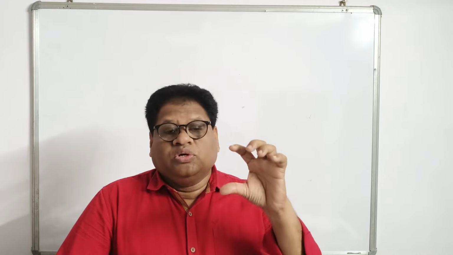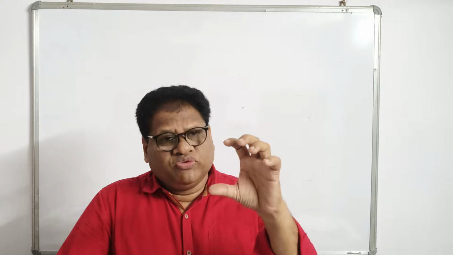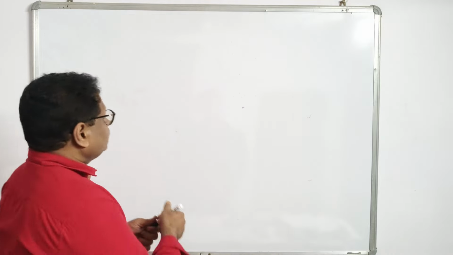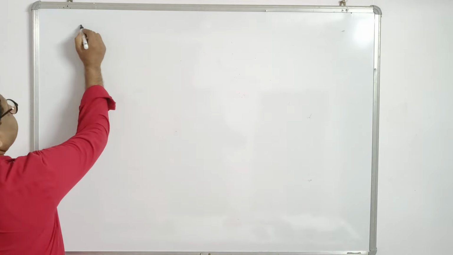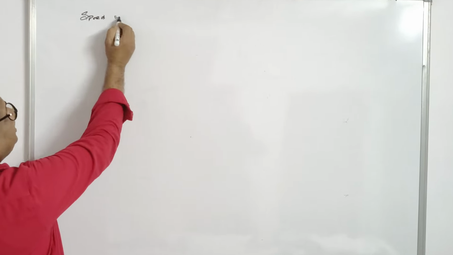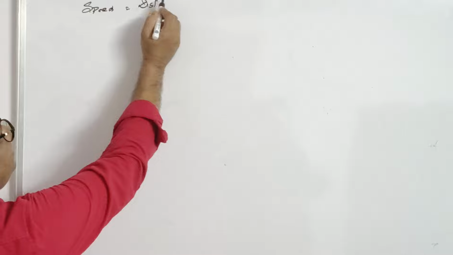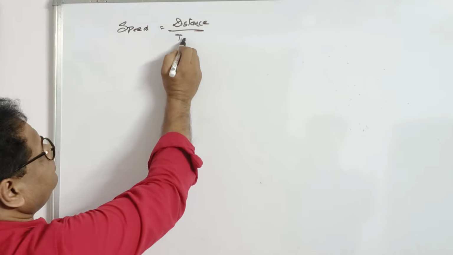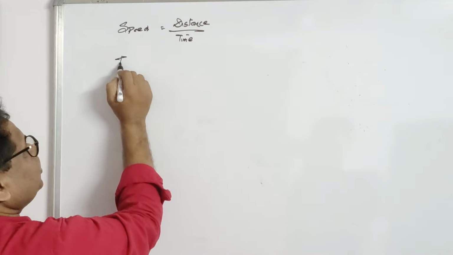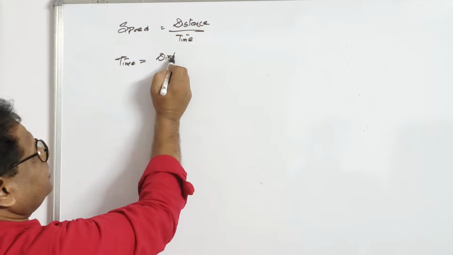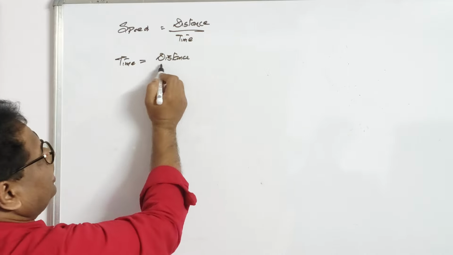Let me discuss the concept of how to solve questions based on speed in case of quadratic equation. First of all, you know that speed is expressed as distance by time. So time can be expressed as distance by speed. This will be your formula.